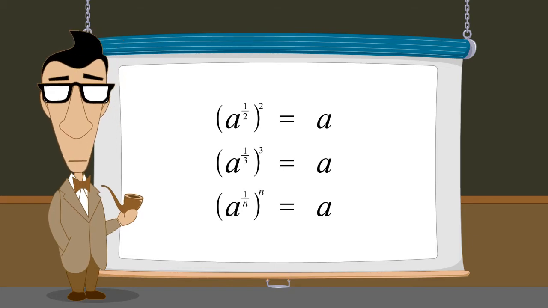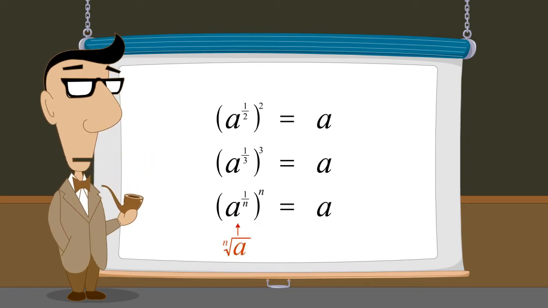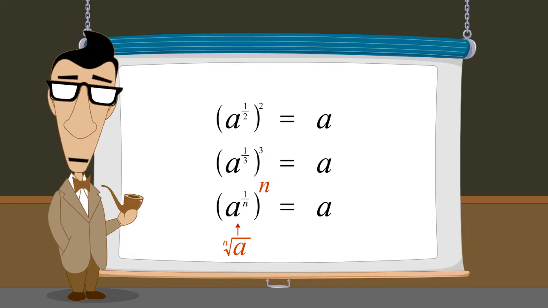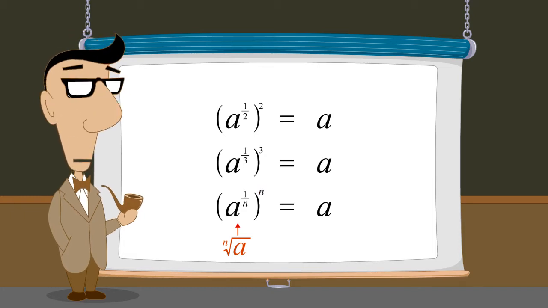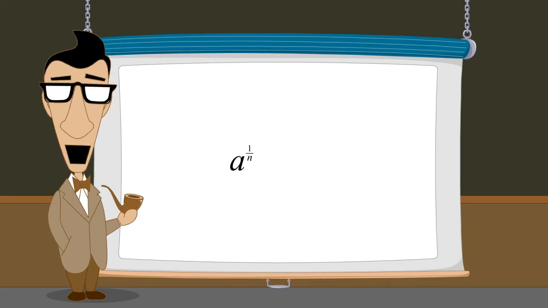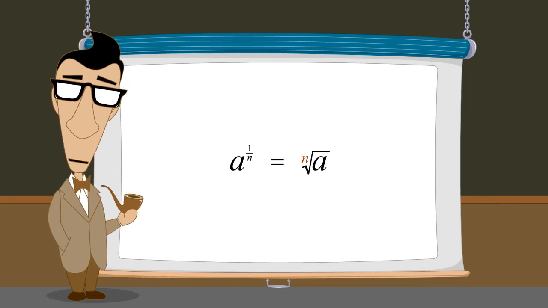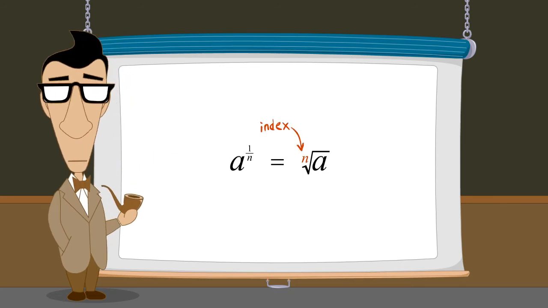A with an exponent of 1 over any positive integer n is the nth root of a, since this is the number which, when raised to the nth power, is equal to a. To write the nth root of a, we can either write a with an exponent 1 over n, or we can place a under a radical sign, with the number n in the upper left. This number is called the index.